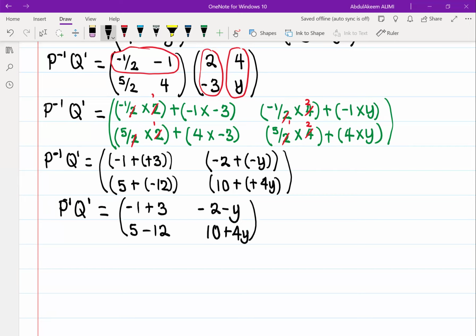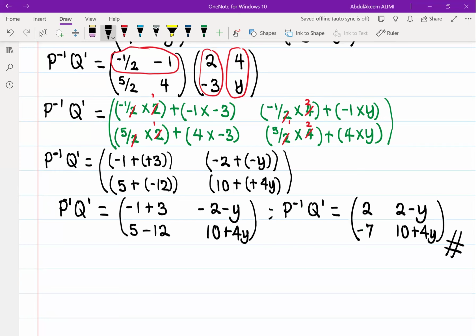Conclusively, we have the value of P inverse Q prime equal to what? Minus 1 plus 3, that's 2. 2 minus y, and this is minus 7, and this is 10 plus 4y. So this is the value of P inverse Q prime.